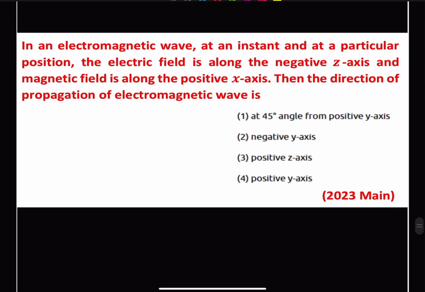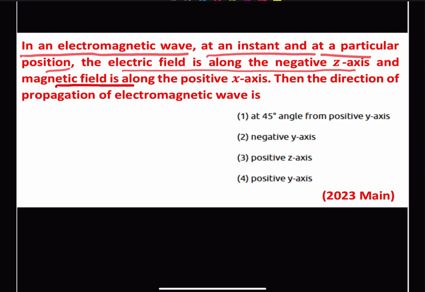It states that in an EM wave at an instant and at a particular position, the electric field is along the negative z axis and the magnetic field is along the positive x axis. The direction of propagation of the EM wave is?